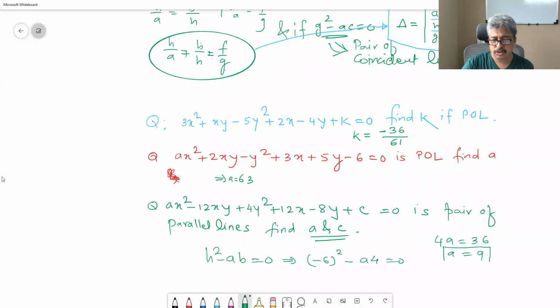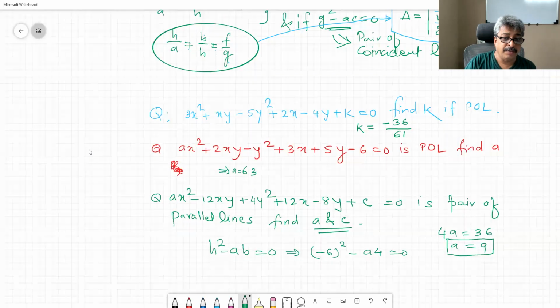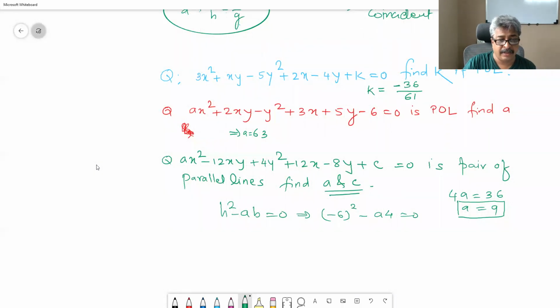That is the first part of the story, because they are supposed to be parallel. Only writing 9 here will not make it POL unless you specify the value of c, and there will be a unique value of c for which this will turn out to be POL.